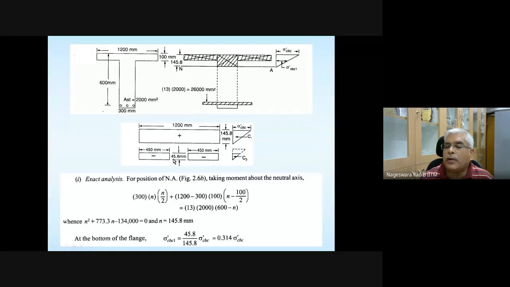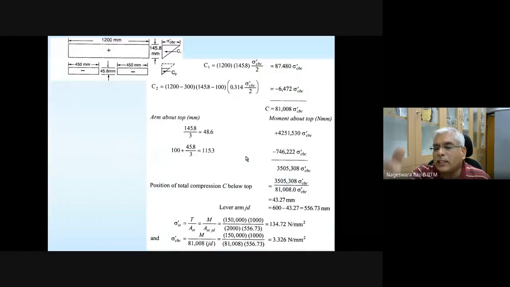Lever arm here is going to be 45.8 divided by 2. So you are going to get the moment because of C2. So sum up all these moments, you are going to get the total moment. You got the total compressive force. Total moment divided by total compressive force is going to give you the lever arm. Any questions?